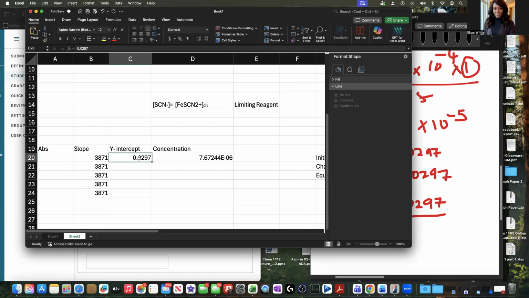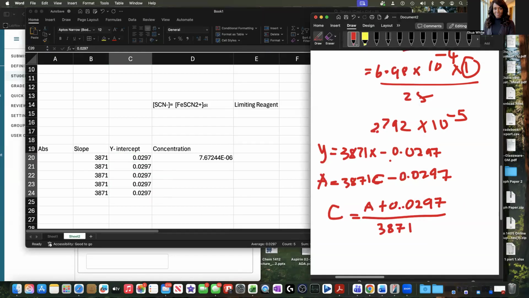I know the y-intercept is negative, but in this calculation this number is positive. I'm trying to take this and add it to that, so this plus that, divided by the slope.